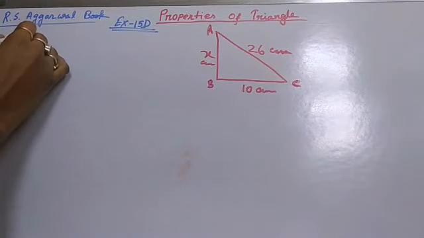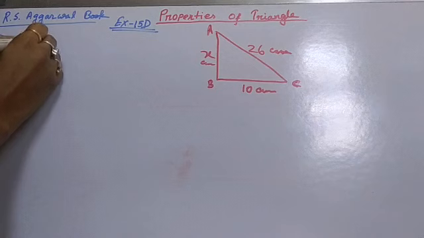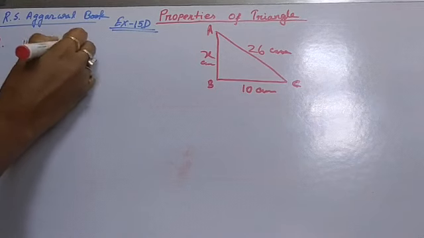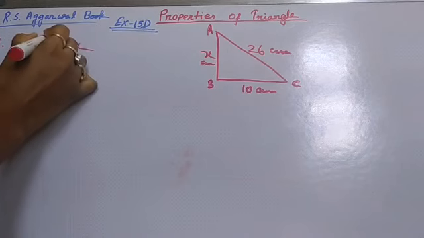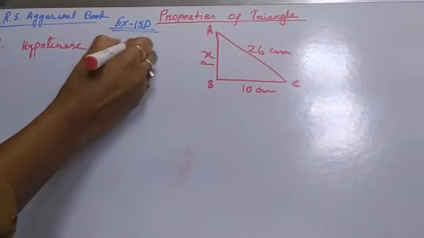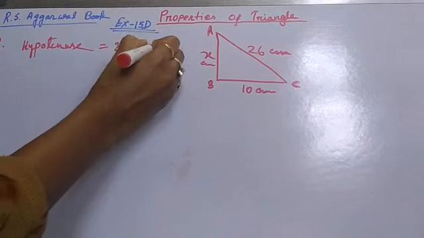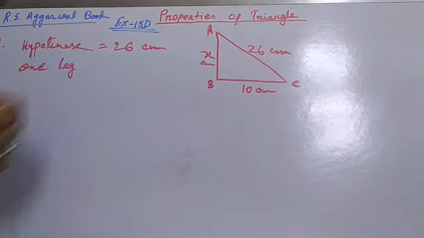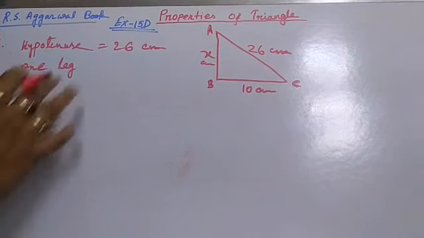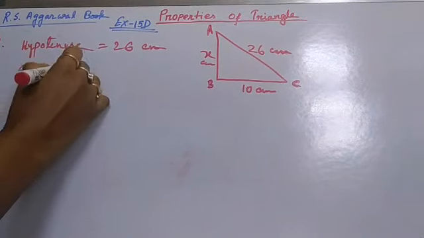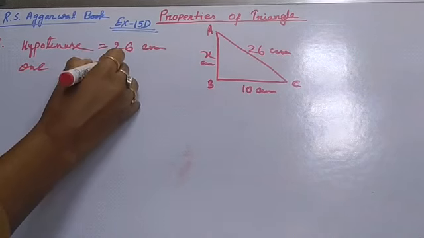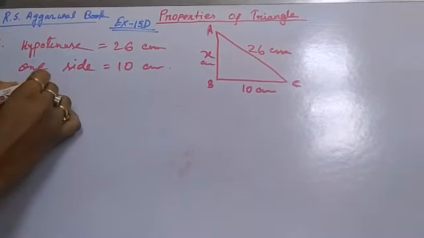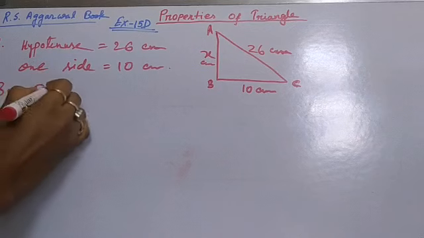So first, hypotenuse equal to 26 centimeter. One leg, one side, equal to 10 centimeter, by Pythagoras theorem.